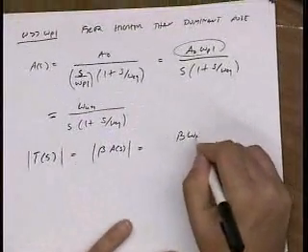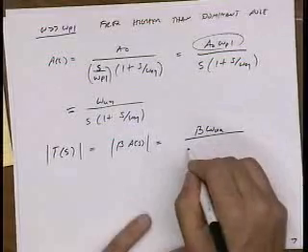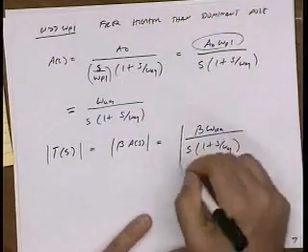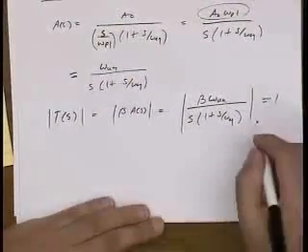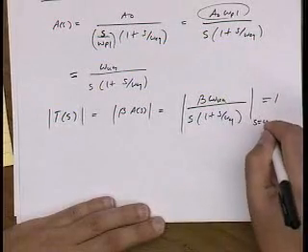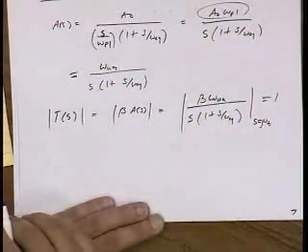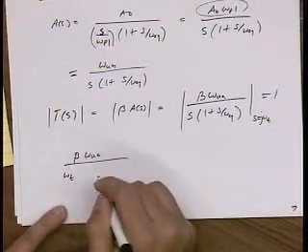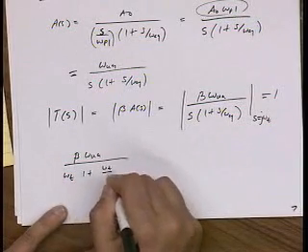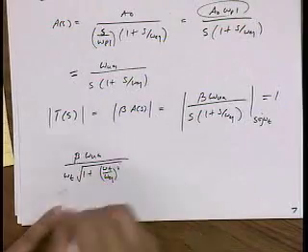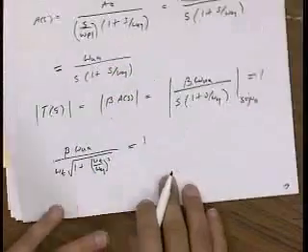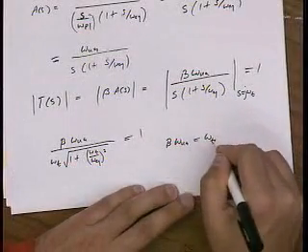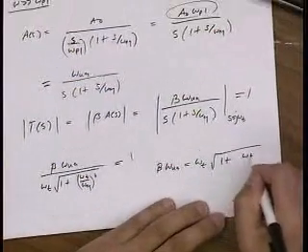And so I get beta omega UA divided by s times 1 plus s over omega Q. I want to set that equal to 1, and at that frequency s is equal to j omega T. So if I substitute, I get beta omega UA here, I get omega T here, and here I get the square root of 1 plus omega T over omega equivalent, squared, is equal to 1. And so now I have an equation where the only unknown is omega T, so I can solve.